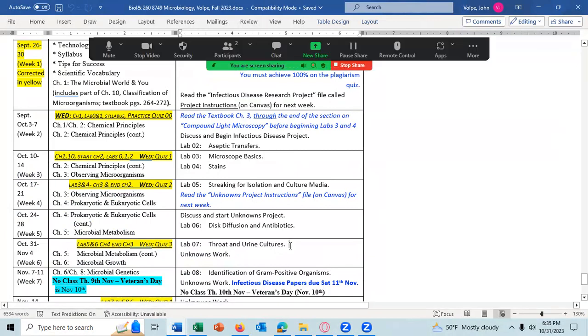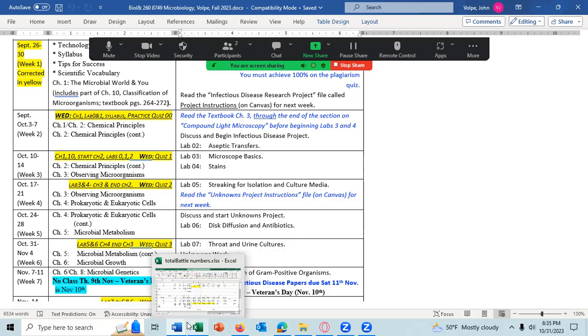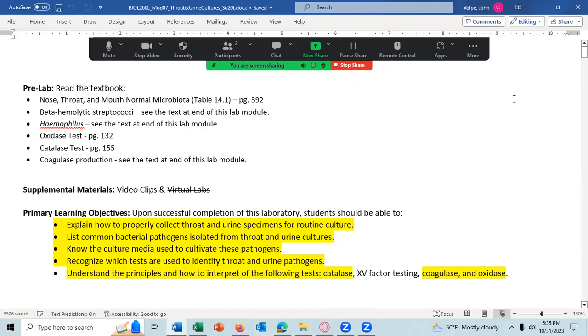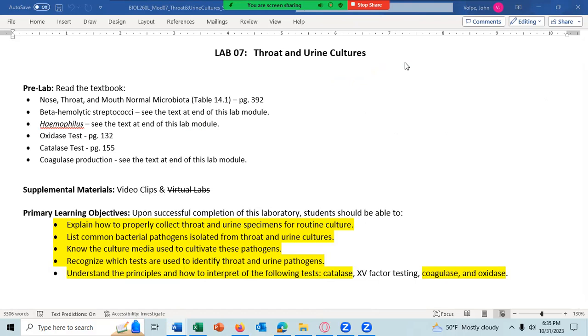Any questions about what we're doing? All right, if not, let's go on to Lab 7. Why isn't that at the top, or is that just blocking? There it is. All right, throat and urine cultures.